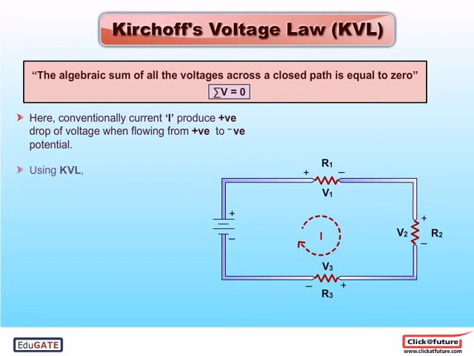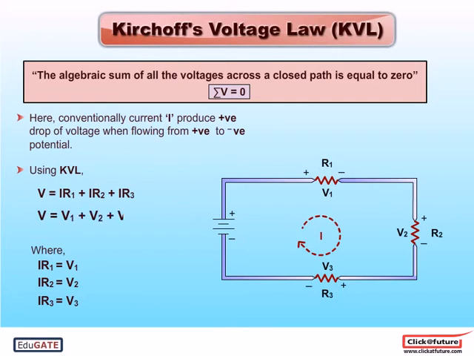By applying KVL to the given circuit, we can write V is equal to IR1 plus IR2 plus IR3, where IR1 is equal to V1, IR2 is equal to V2, IR3 is equal to V3. So we can write V is equal to V1 plus V2 plus V3.